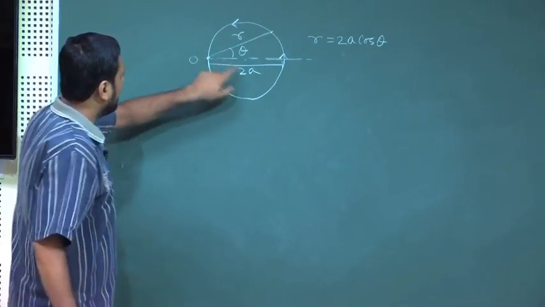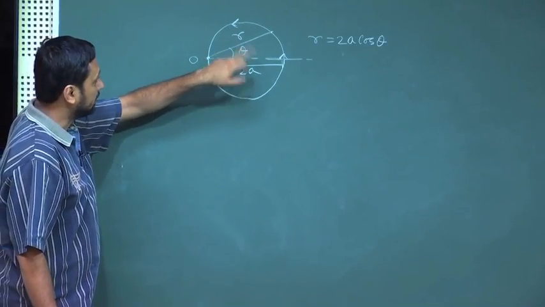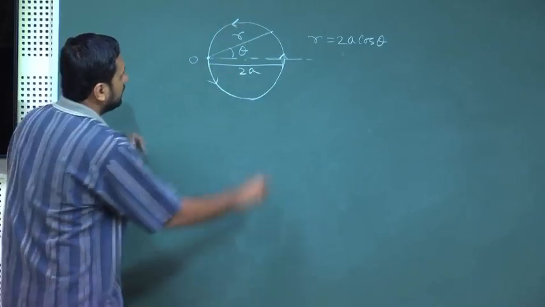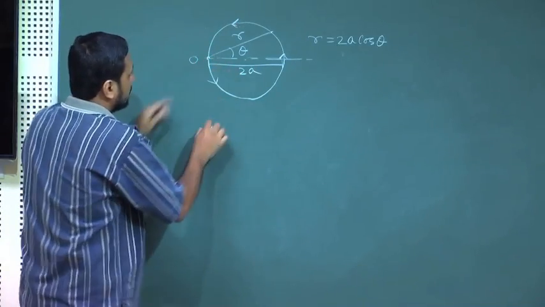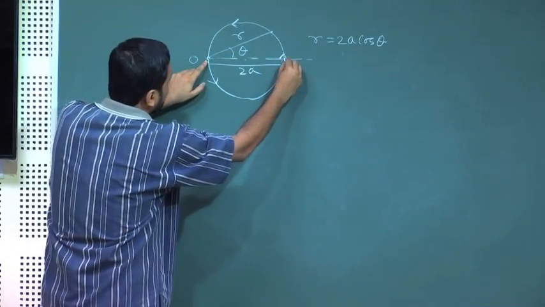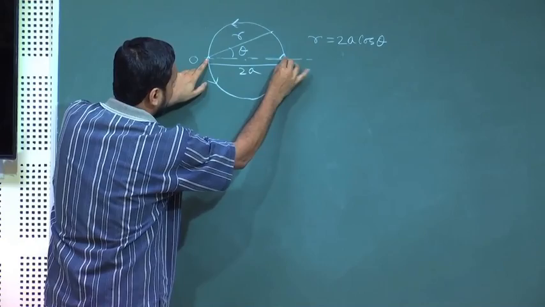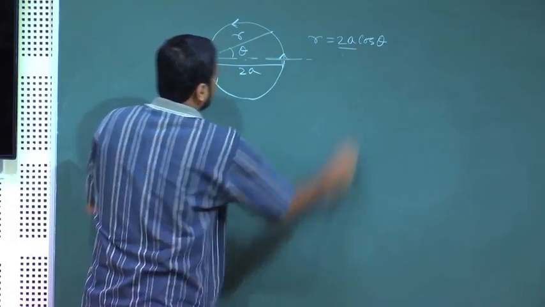What happens at theta equal to 0? At theta equal to 0, that essentially means this particular point, and at this point we have r equal to 2a.